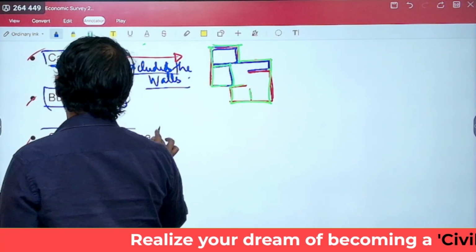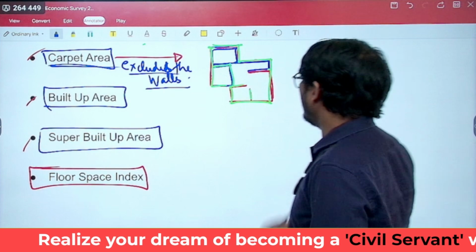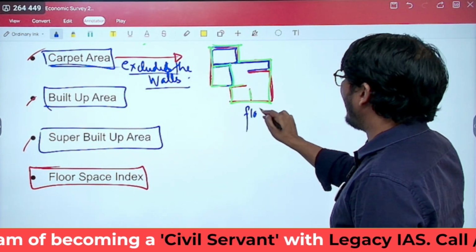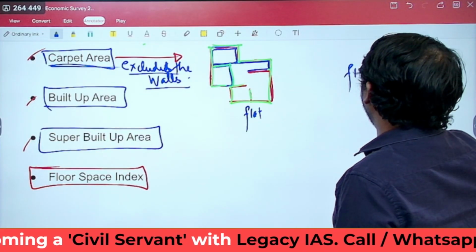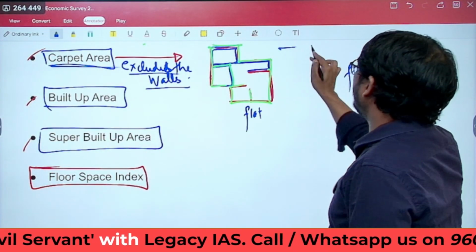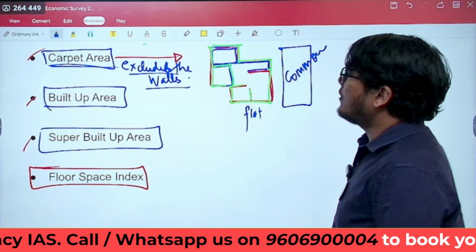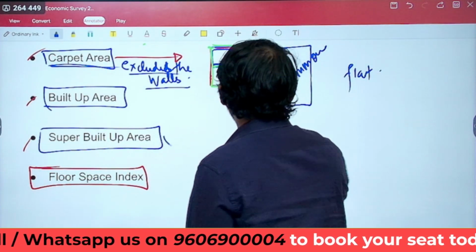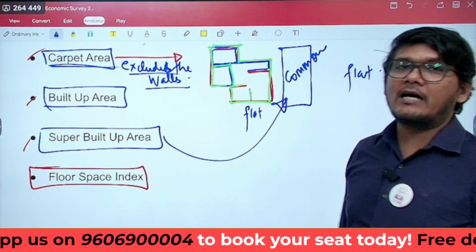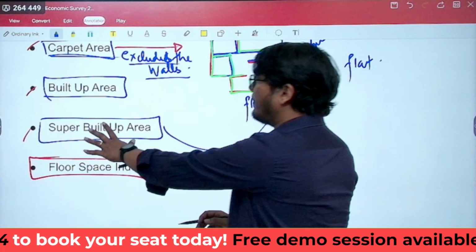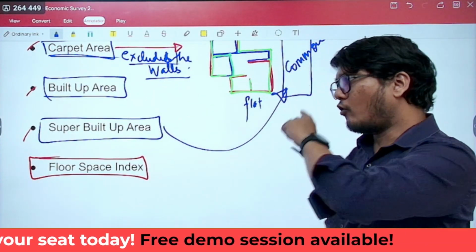So if you have to understand the super built up area, see, let's say you are living in a flat and this is your flat. There will be someone else's flat over here, and there will be a common area over here. So in the super built up area, even the common area will be included. So super built up area equals built up area plus the common area.